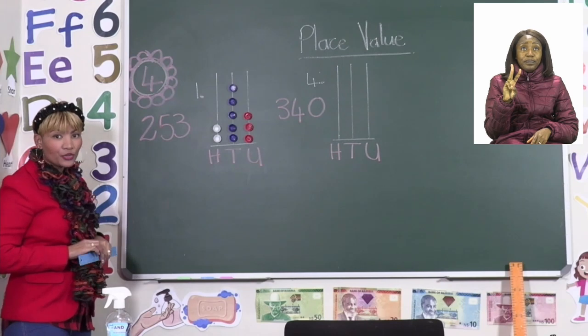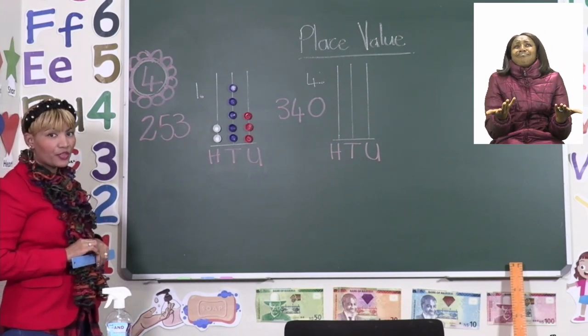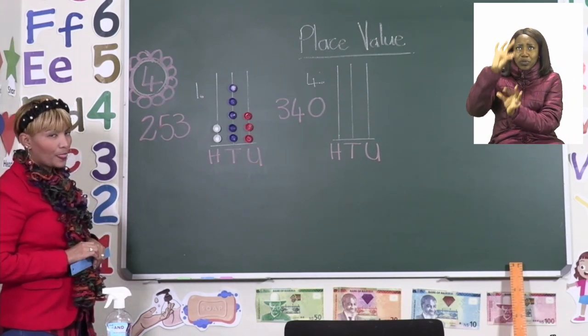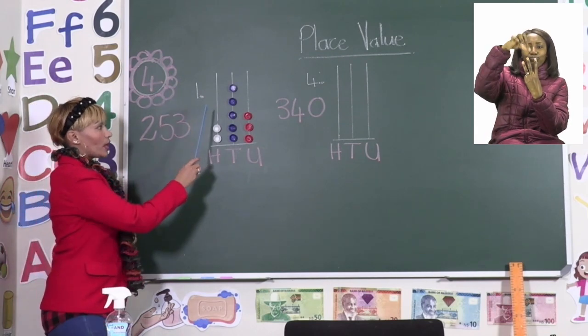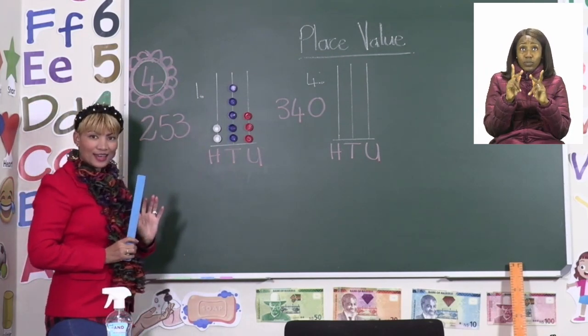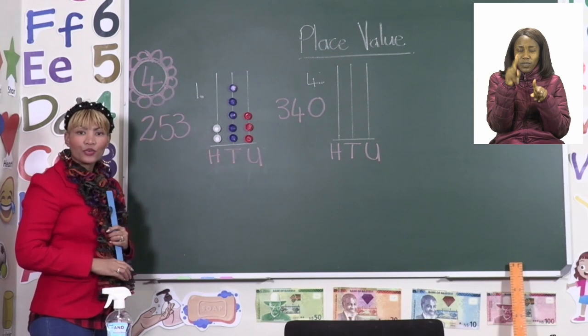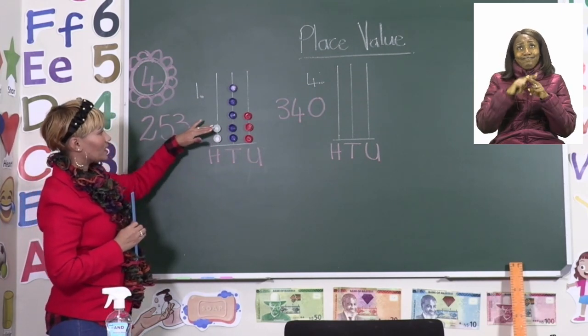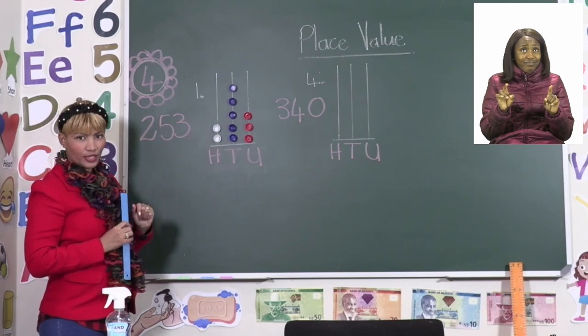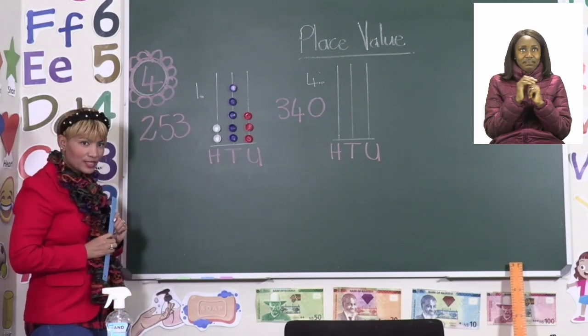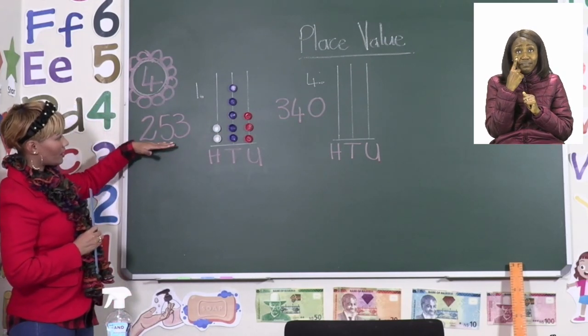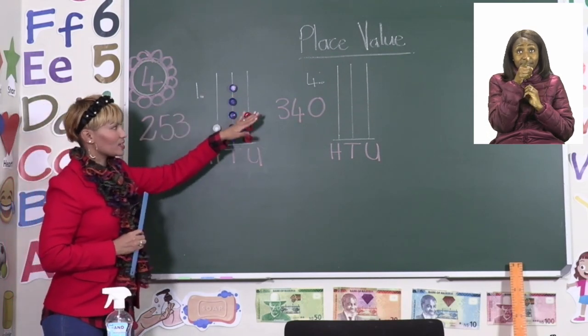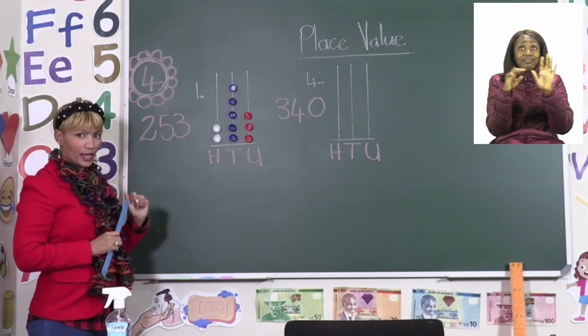So how are you going to write the number 253 on your abacus? What you can do is you can draw your rods nicely, and then you can use different color pencils to color in the placeholders. Okay, so you will see that for this number 253, this is what my abacus looks like.